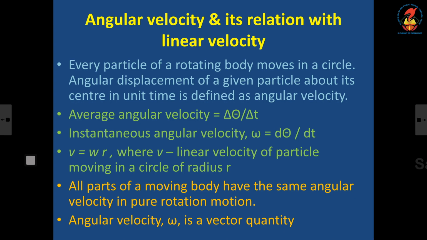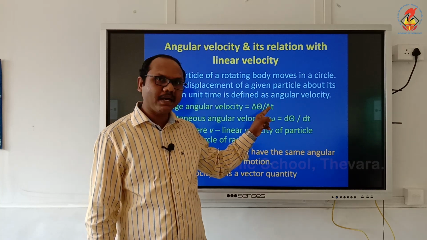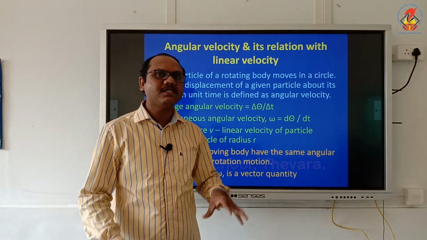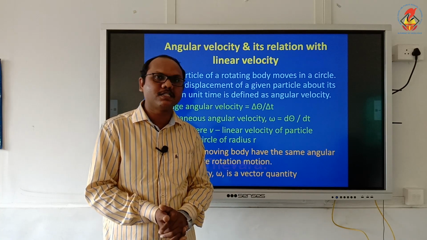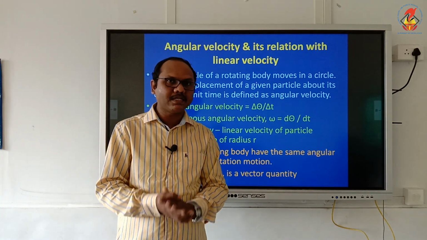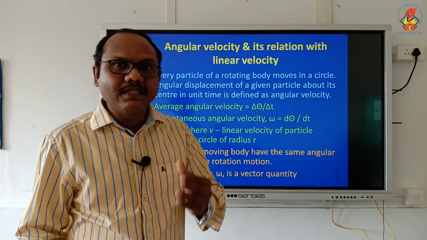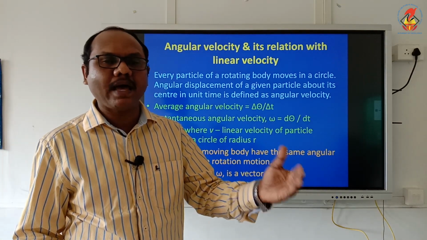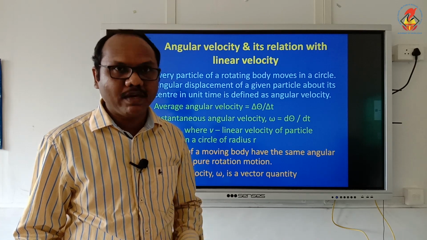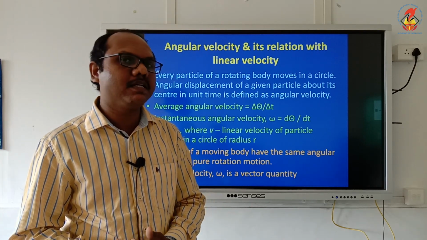So, average angular velocity is written as delta theta by delta t, the change in angular displacement divided by change in time. That means rate of change of angular displacement. Okay, I say once more, angular velocity is the rate of change of angular displacement, or we can say change in angular displacement with time.